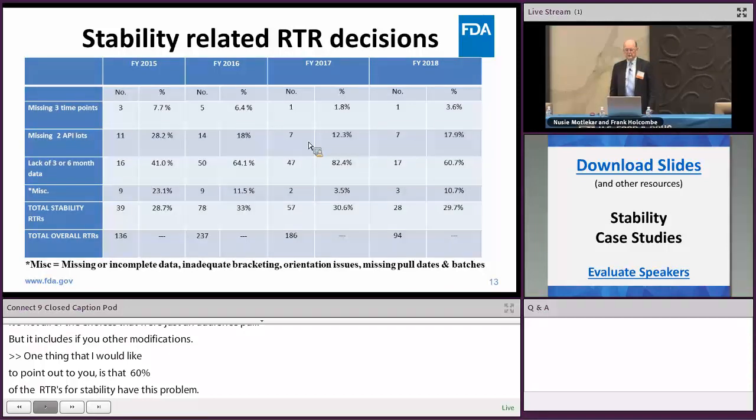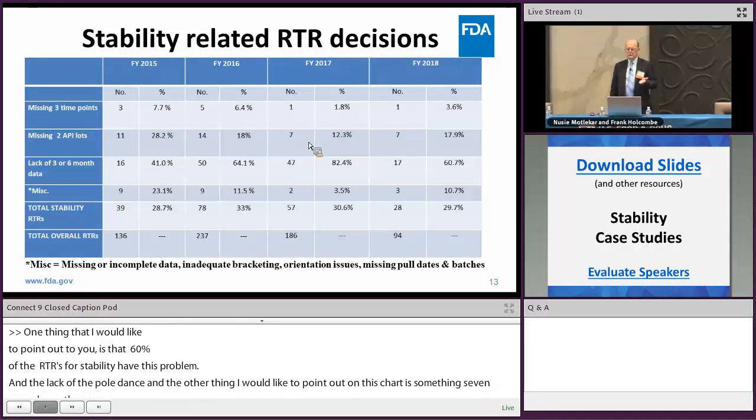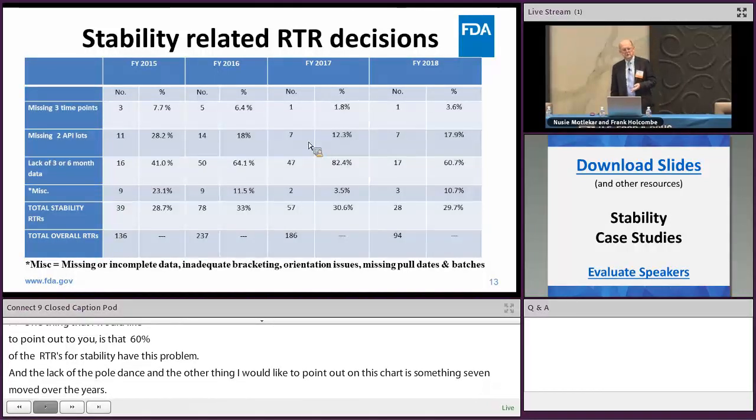2015 is when I think I would start saying, okay, we have guidances out there, but nothing has changed much about the stability RTRs since that time.